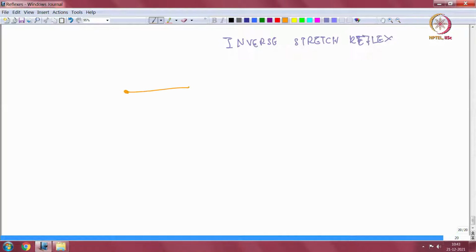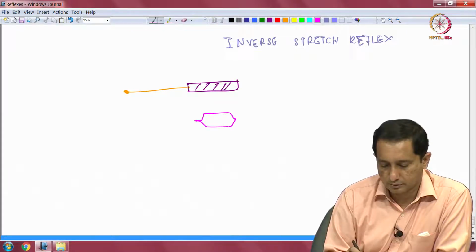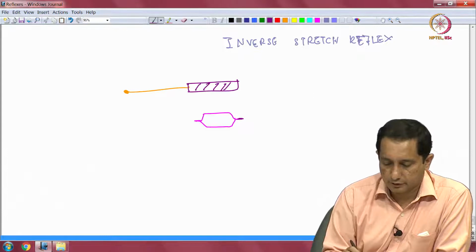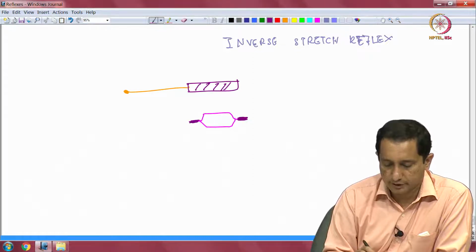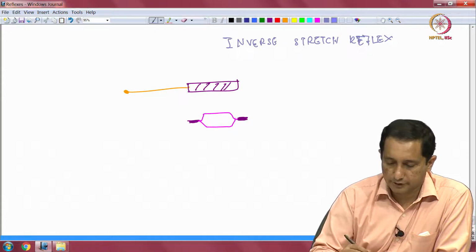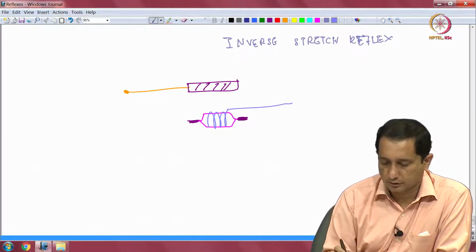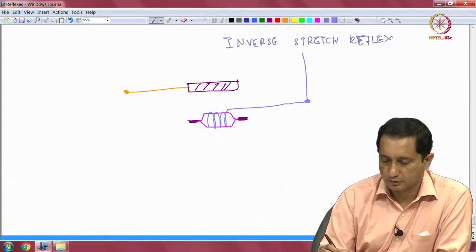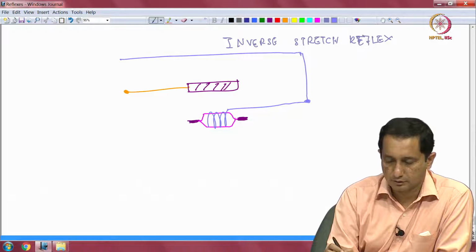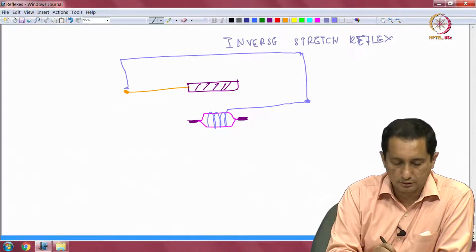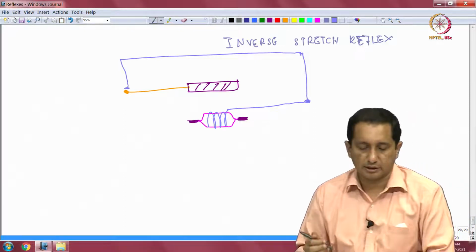Alpha goes to the muscle cell, then you have the spindle, and you have motor fibers in the spindle, then you have the... This is the complete monosynaptic stretch reflex.